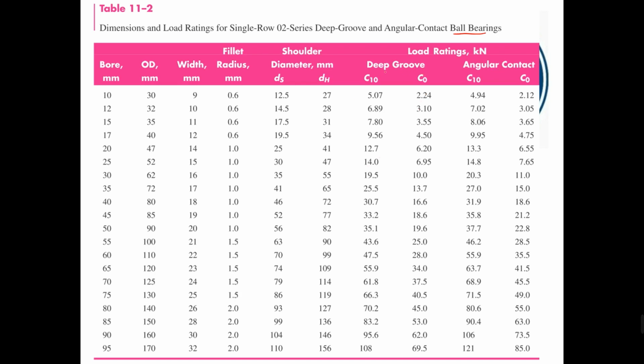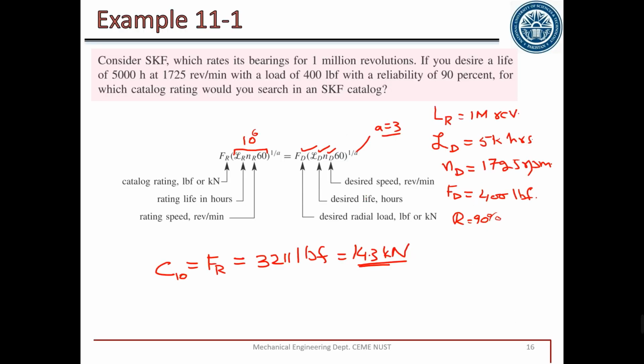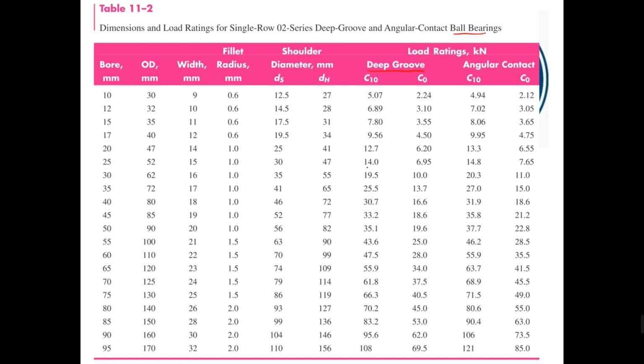So you can consider a deep groove bearing for C10 ratings. For the C10 rating, the answer was 14.3. So the first safe bearing will be 19.5. So a single row 02 series deep groove 30 mm ball bearing will be suitable.